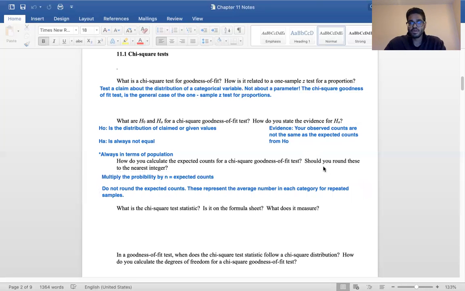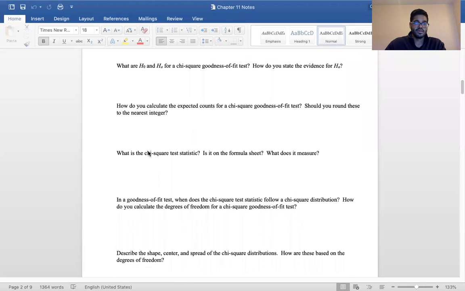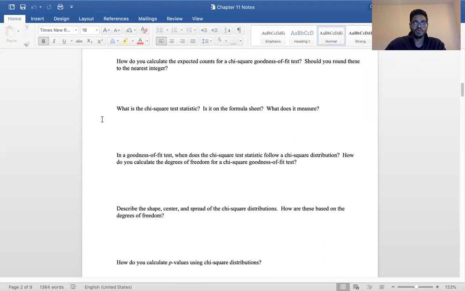Then we're going to test what we actually observed against our expected values, and see if that's significant using the chi-square test statistic. The test statistic is a measure of how far the observed counts are from the expected counts. Then we use a chi-square table to find the probability.